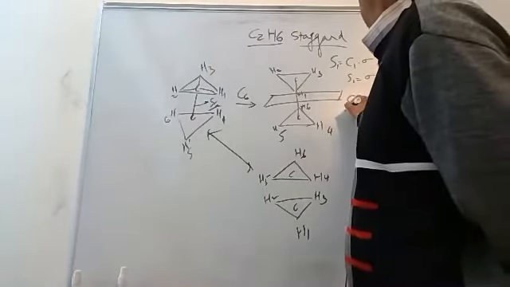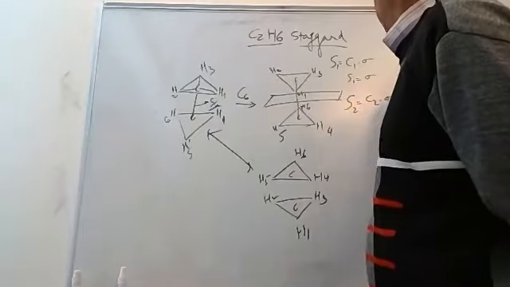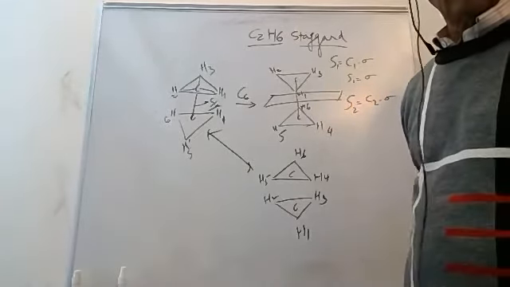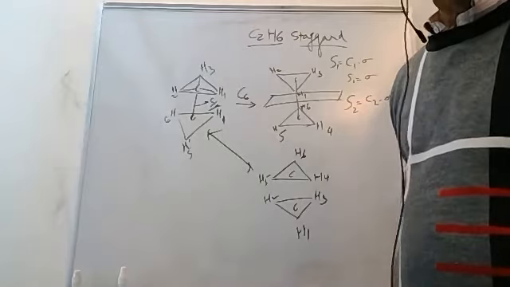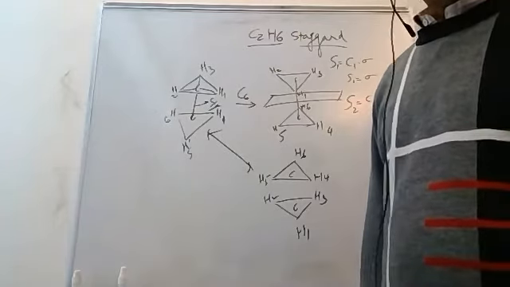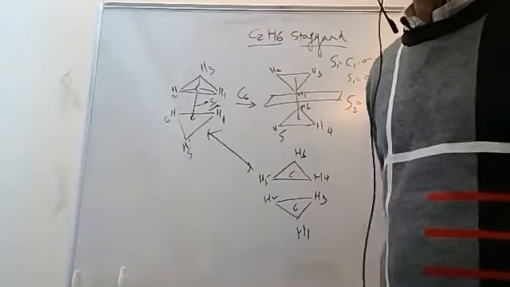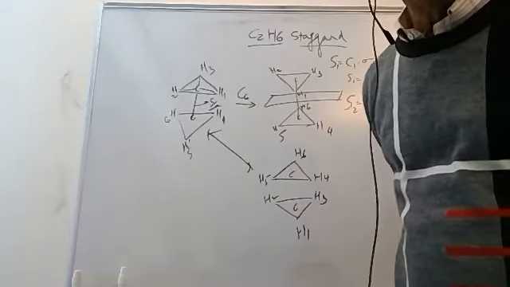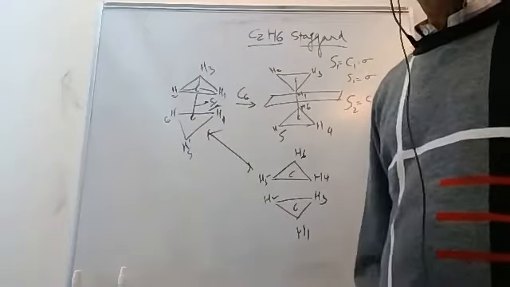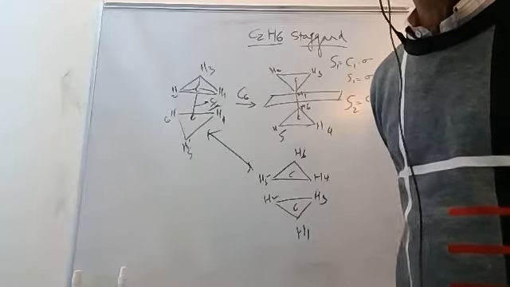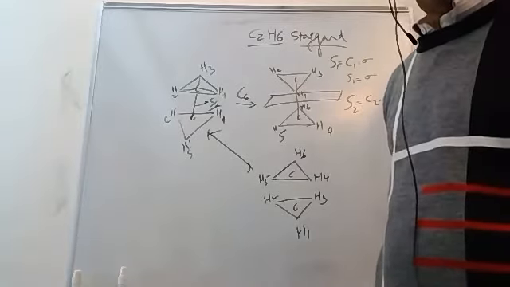S2, for example, is C2 followed by sigma. In some molecules, yes, this can be an I, but in some molecules it doesn't have to be. But this is an independent operation of I. I is a very independent symmetry operation. But in some molecules, yes, it is.